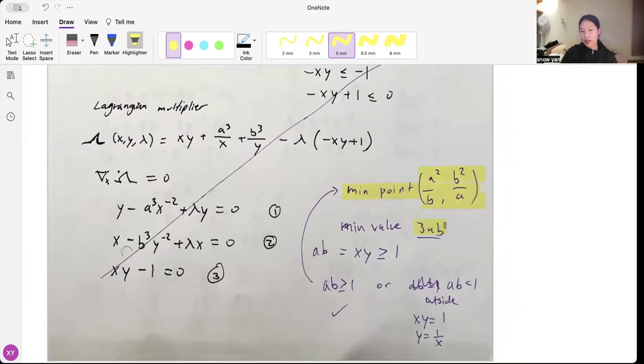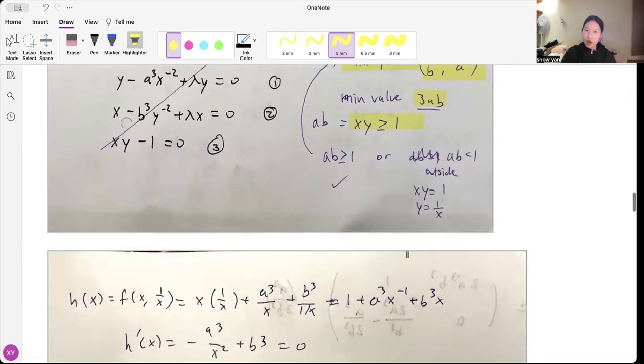So then what I know is that my constraint says xy has to be greater than or equal to 1. By definition of this minimum point, xy is ab, because when we do this it cancels out properly to be a and b. So then we have two cases. When ab is greater than or equal to 1, we have this condition over here.